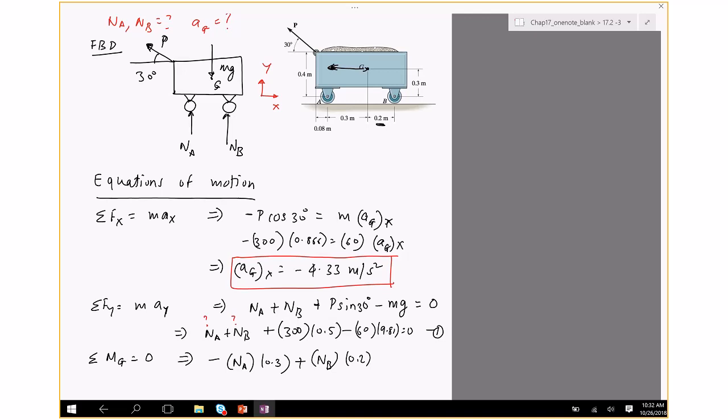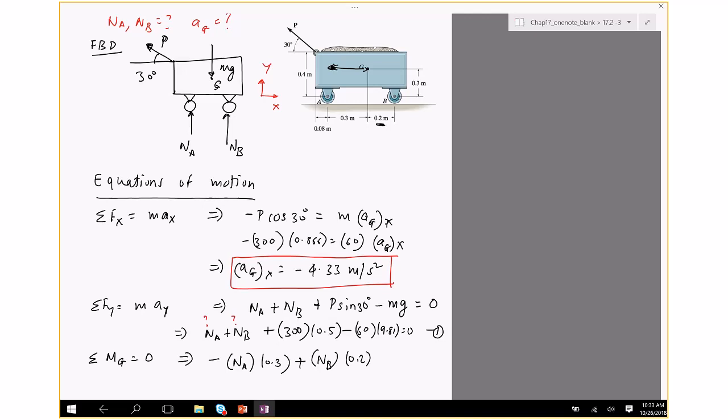The last force is P, and P acts at an angle. One way to find the moment due to P is to write P as a vector, with its component in the i direction and the j direction, and then find the distance of the point of application from G. An easier way, which I would highly recommend, is to think of P as two forces.